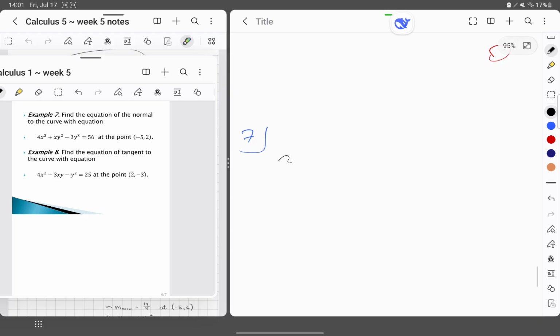Equation of the normal to the curve. Okay, we have similar tasks, and I don't want to make mistakes because we have done so many questions and I've made so many mistakes.